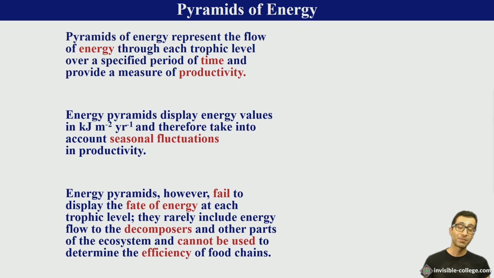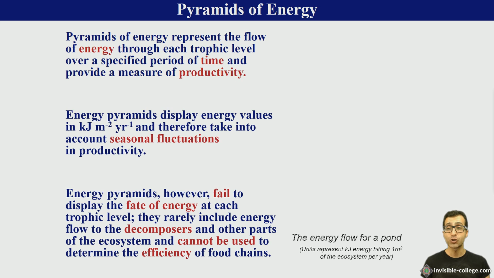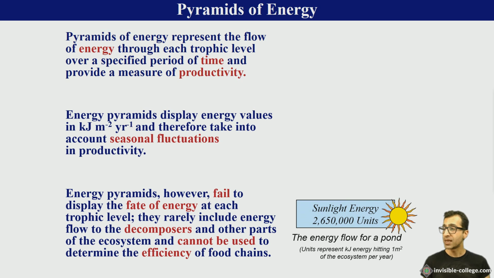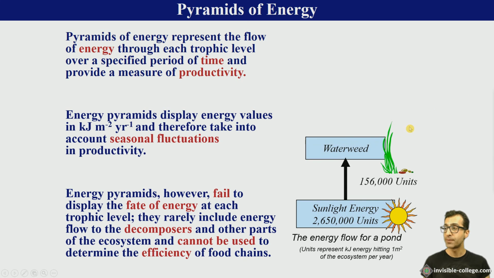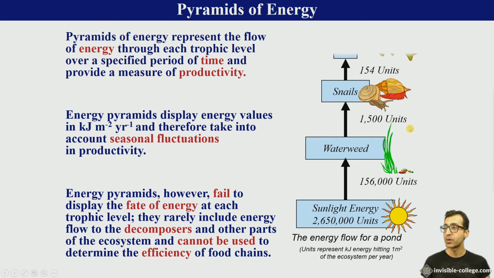However, like the other pyramids, these also have their limitations. Now, these actually fail to display the fate of the energy at each trophic level, and they rarely include the energy flow to the decomposers and other parts of the ecosystem, and they cannot be used to determine the efficiency of a food chain. So here is one such pyramid of numbers here, and it's the one that we mentioned before.